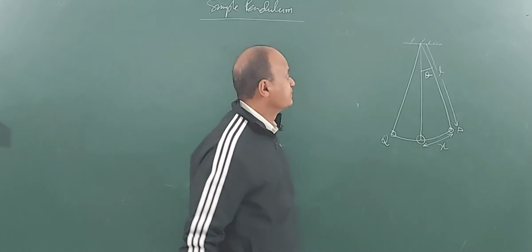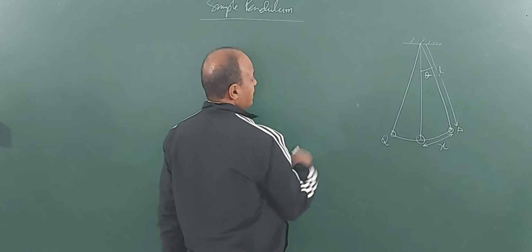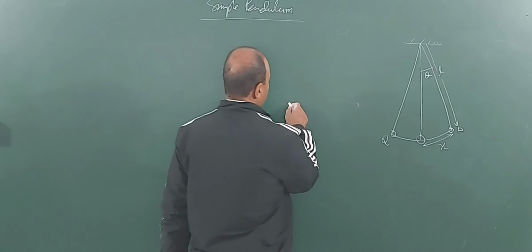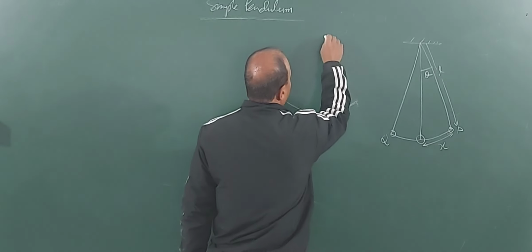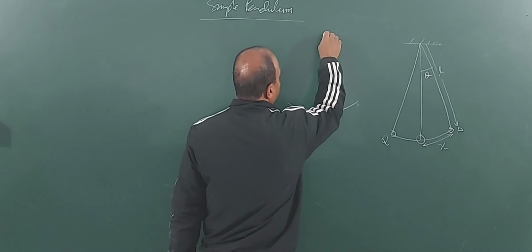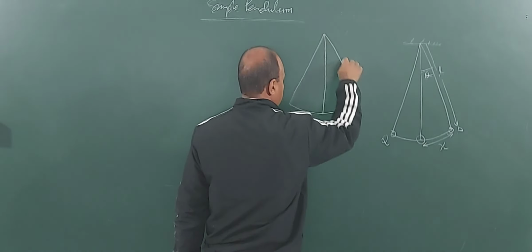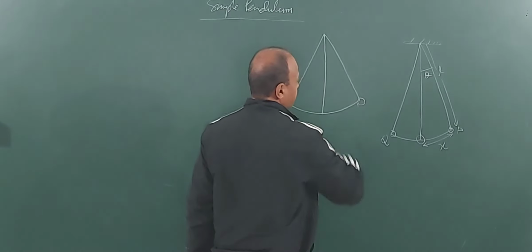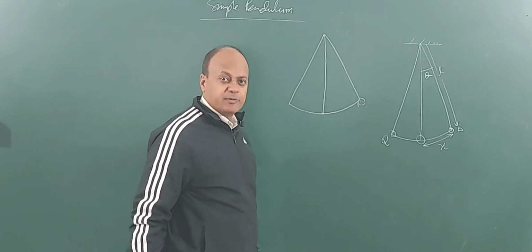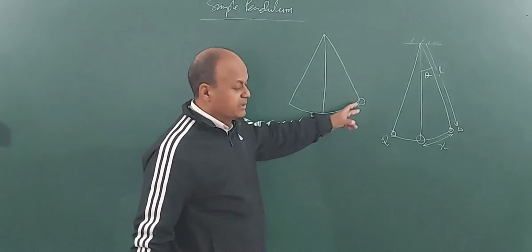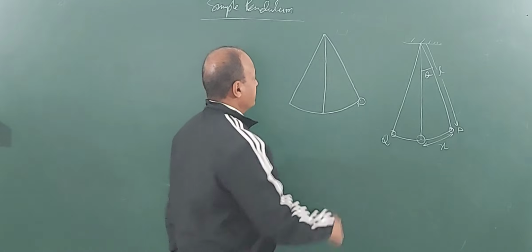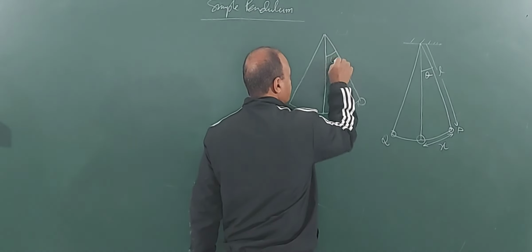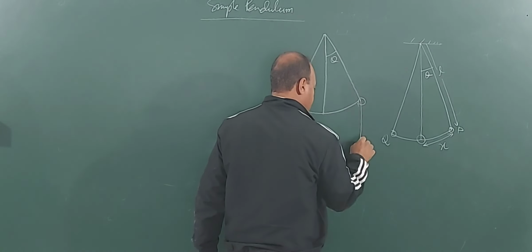Okay, let's see how many forces are acting. This is how the pendulum is moving. This is the mean position, and these are extreme positions. The pendulum is here at point P. How many forces are acting? This variable angle is theta. Its weight mg is acting downwards.